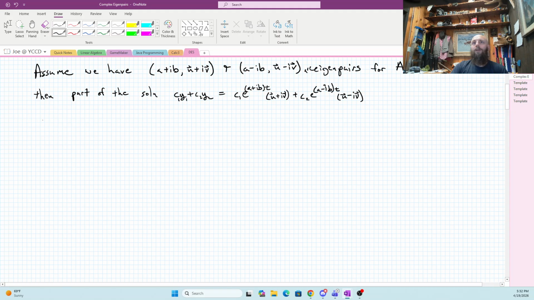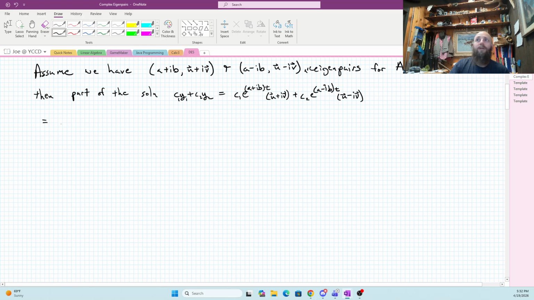And then what we ought to do is see if we can do the same kind of algebraic rearrangement that we did when we had those complex roots in our spring equations. I would really like to be able to simplify this a little bit and get some purely real solutions out of it. I don't really want those i's in there. So my hope is that I'm going to be able to fiddle around and then absorb those i's into an arbitrary constant someplace along the way. So let's see if we can get that done.